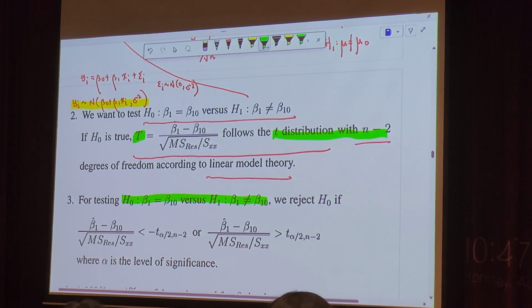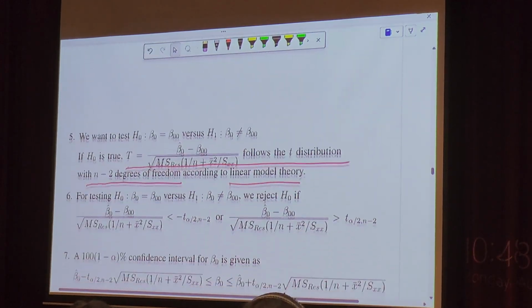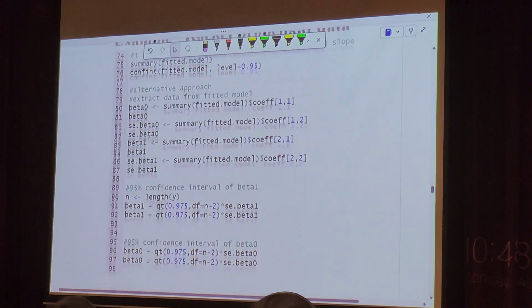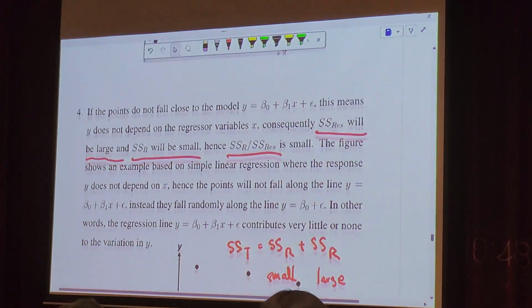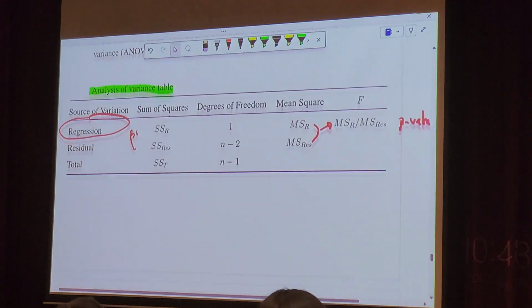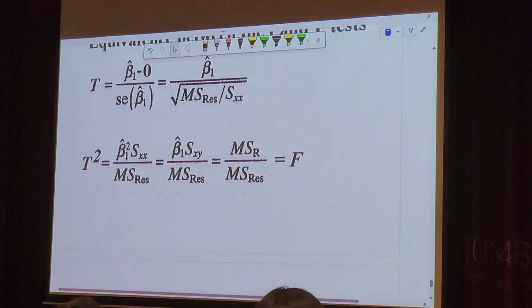So to test whether beta 1 equals 0 or not, you can use this t-test, or you can use the f-test from the analysis of variance table, commonly called ANOVA. Either one will work because they are equivalent.